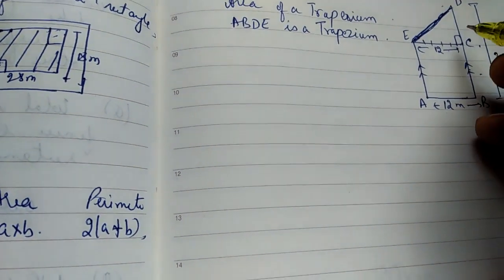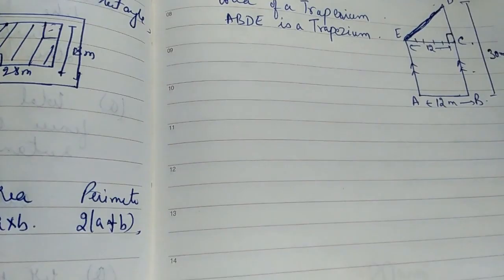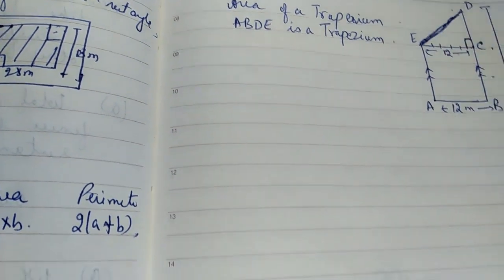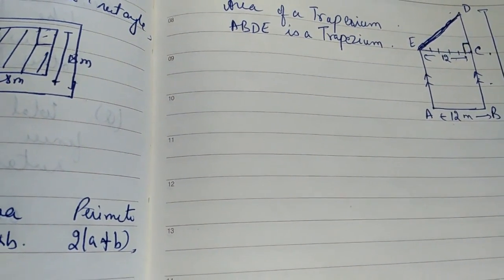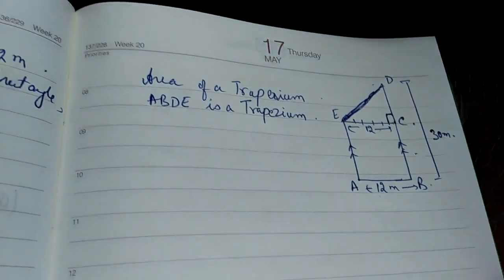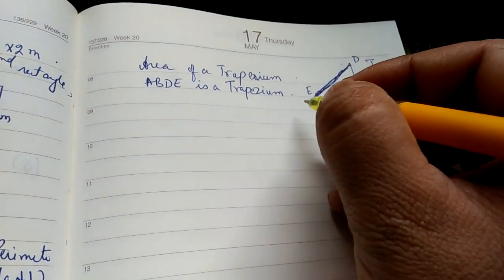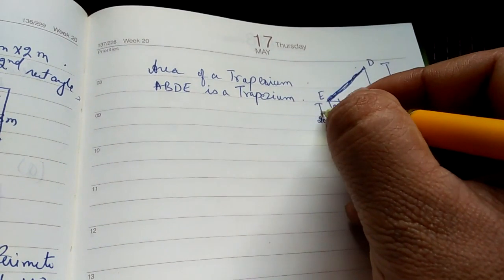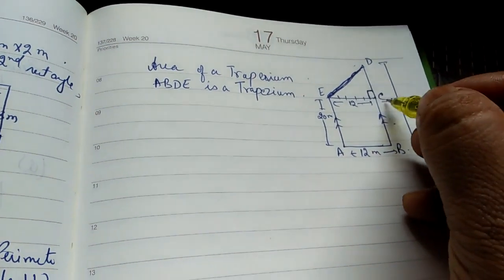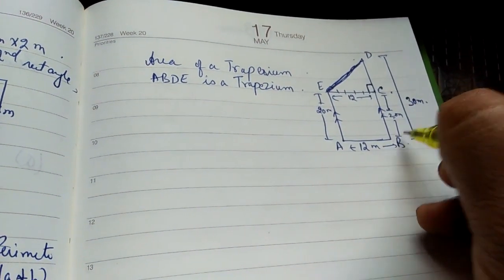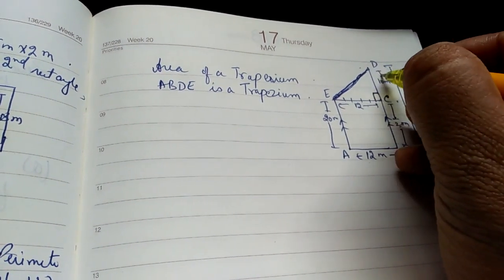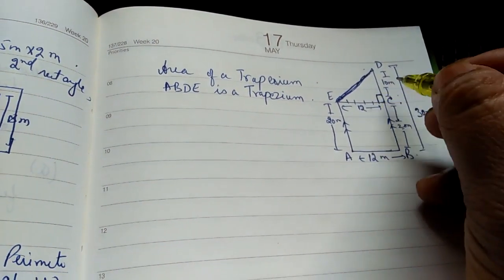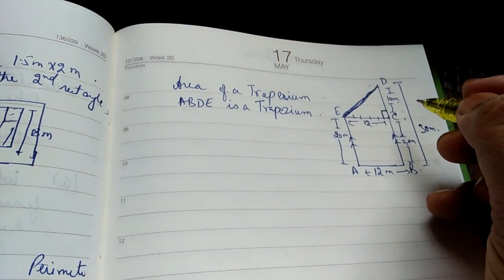Okay, so this is a right angle triangle. Okay, so this is 30 meters. AE is equal to 20 meters. So this also becomes 20 meters. This becomes 10 meters. Okay, so 12 and 10.